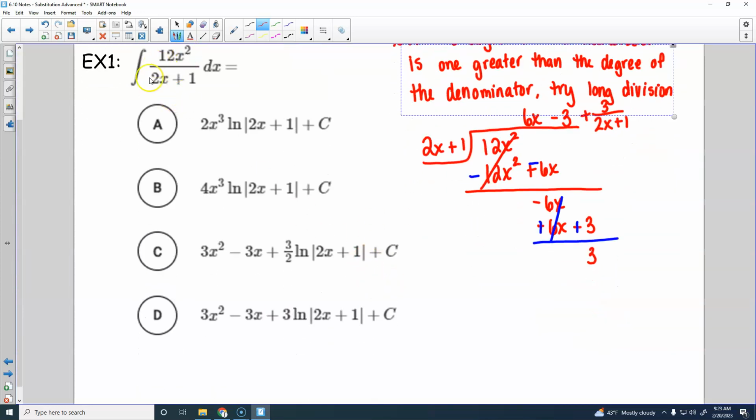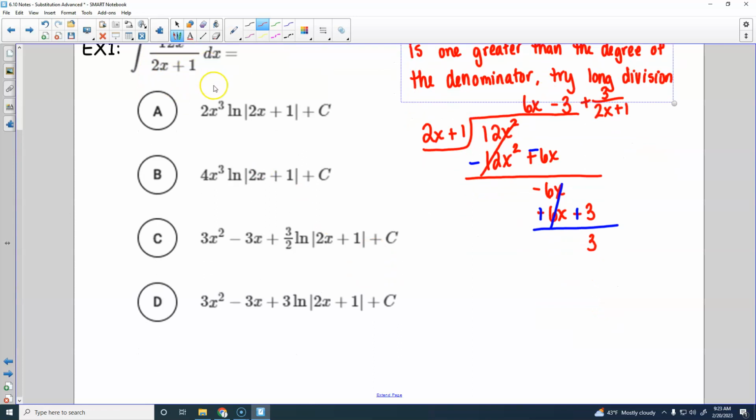So 12x squared over 2x plus 1 can be written like this: 6x minus 3 plus 3 over 2x plus 1.